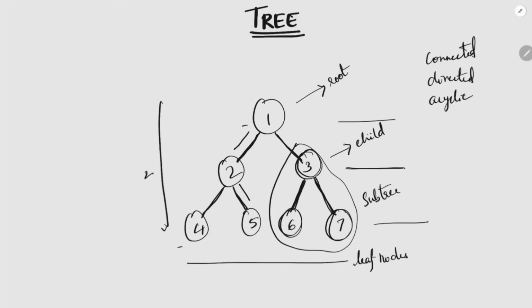You will not find any cycles within a tree because there will be only one edge connecting a node with another node. So there won't be any edges which are additionally connecting the same nodes forming a cycle. There will be only one edge connecting two nodes. So these are some of the basic properties of the tree.